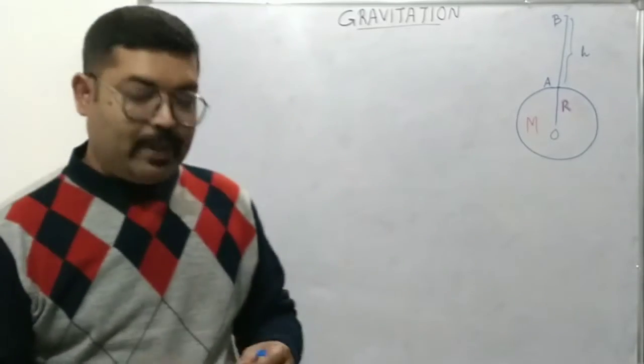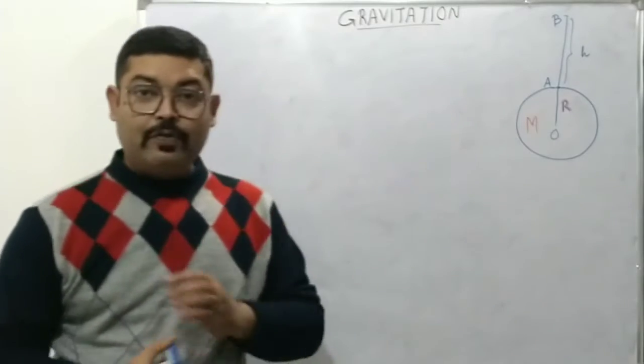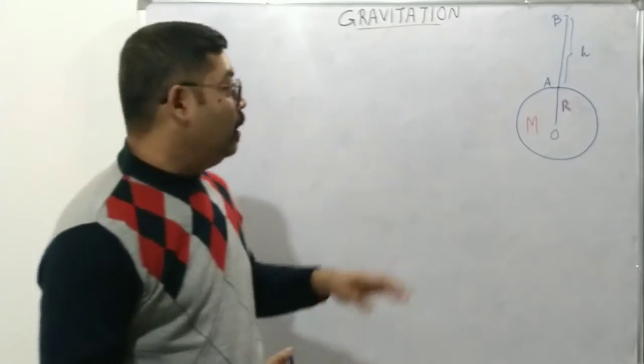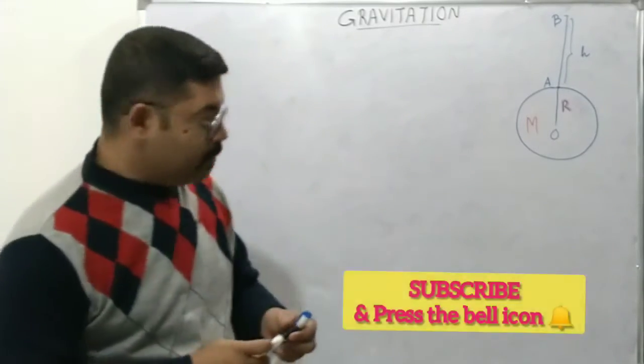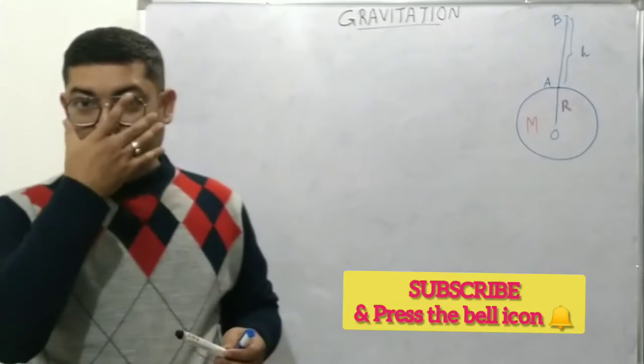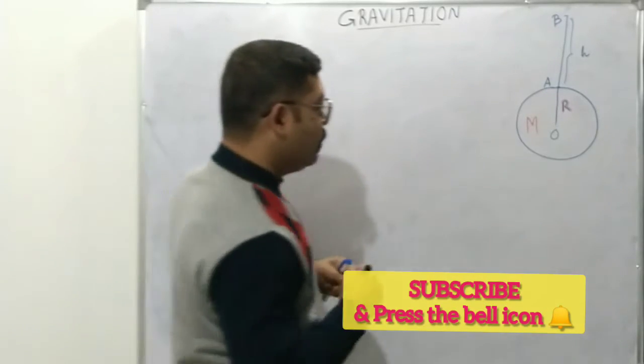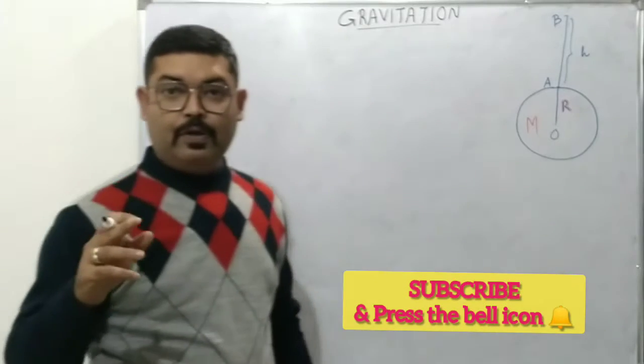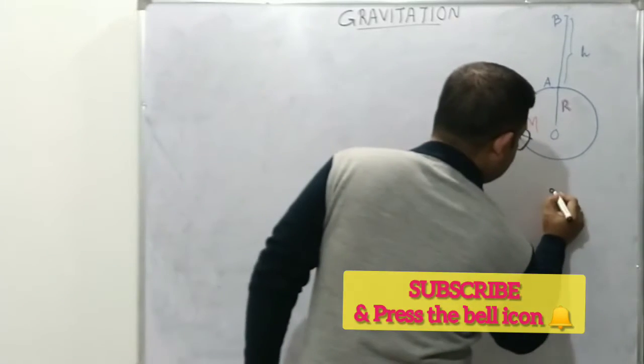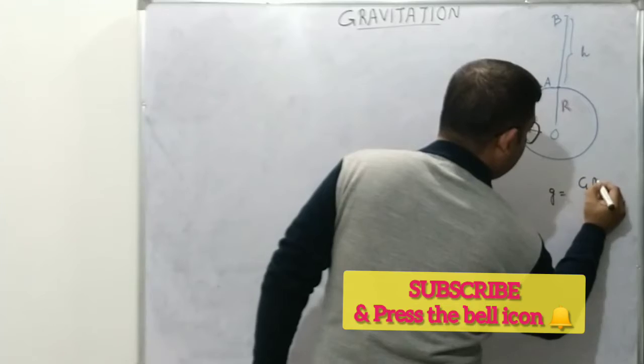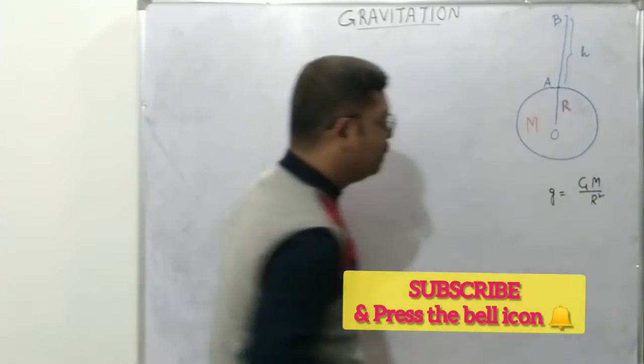Today we will be discussing the variation of acceleration due to gravity with different factors. We already discussed an expression for acceleration due to gravity in the previous video, where we found that g is given by GM by R squared.